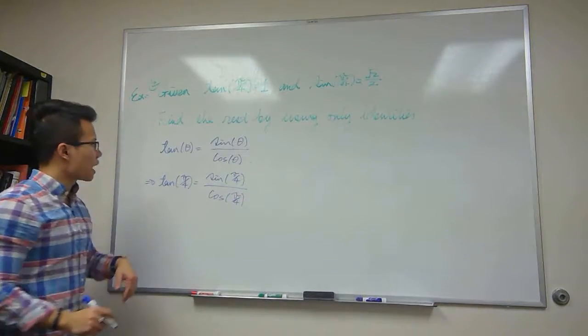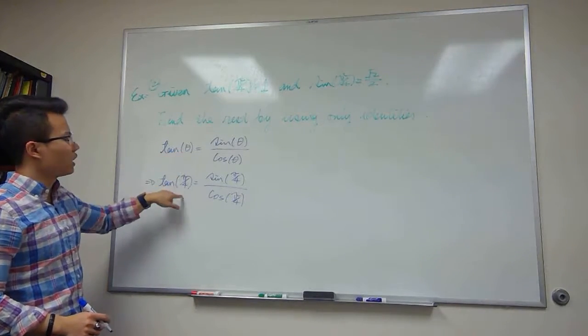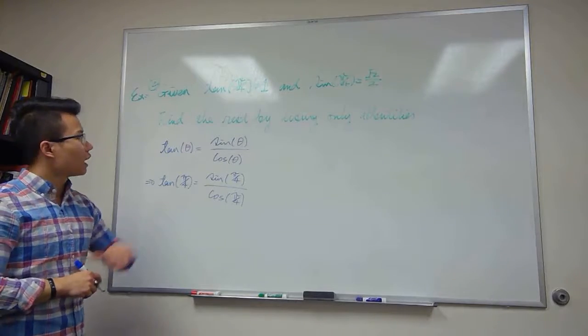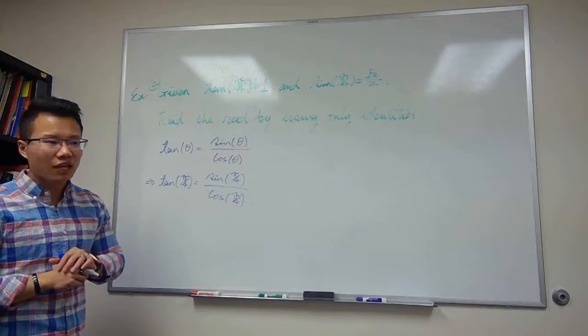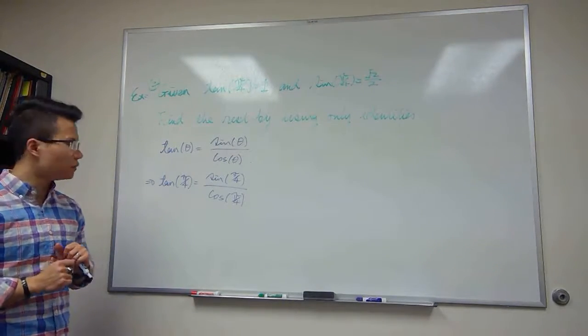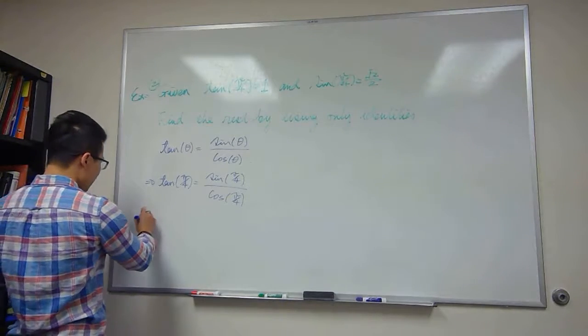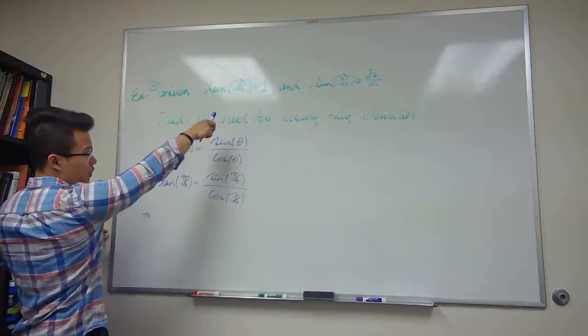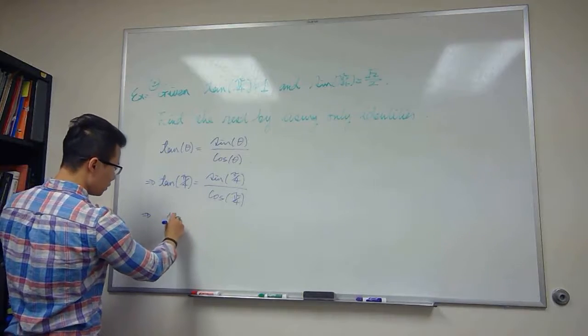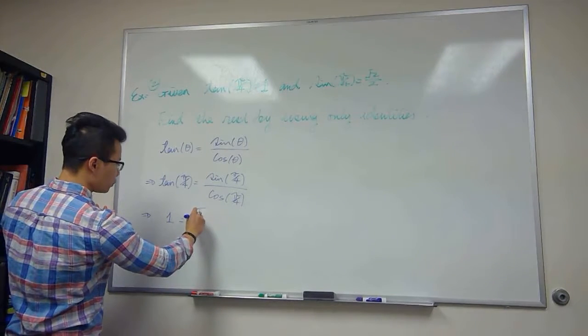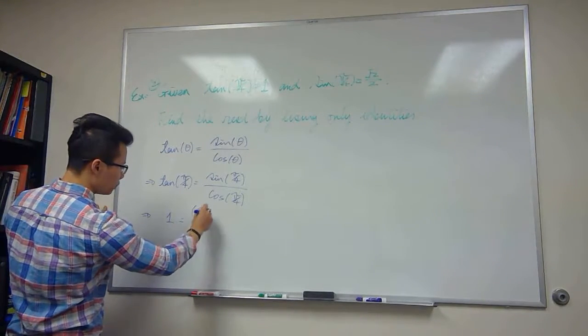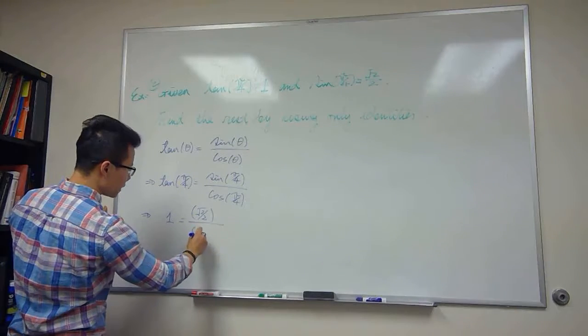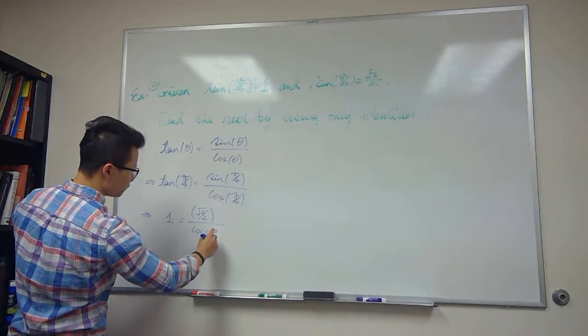In this step, I'm just substituting all the thetas with pi over 4, because we are dealing with theta equal to pi over 4. Then we can substitute the values: 1 equals root 2 over 2 divided by cosine of pi over 4.